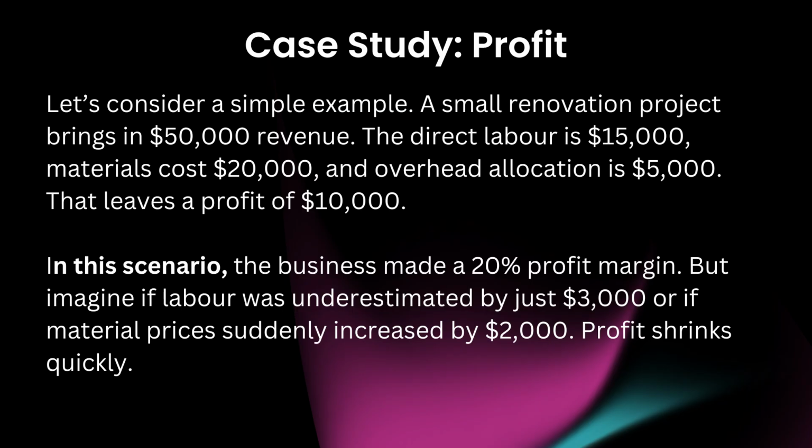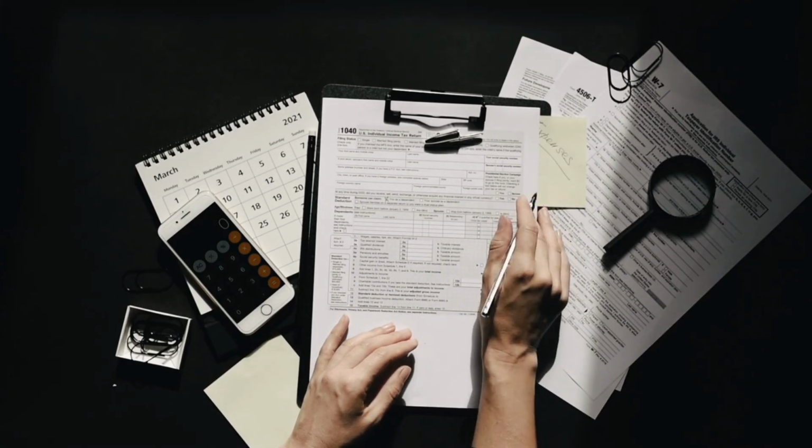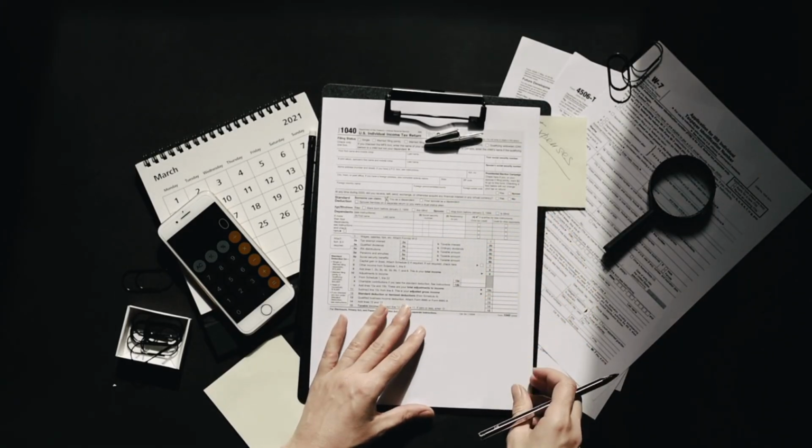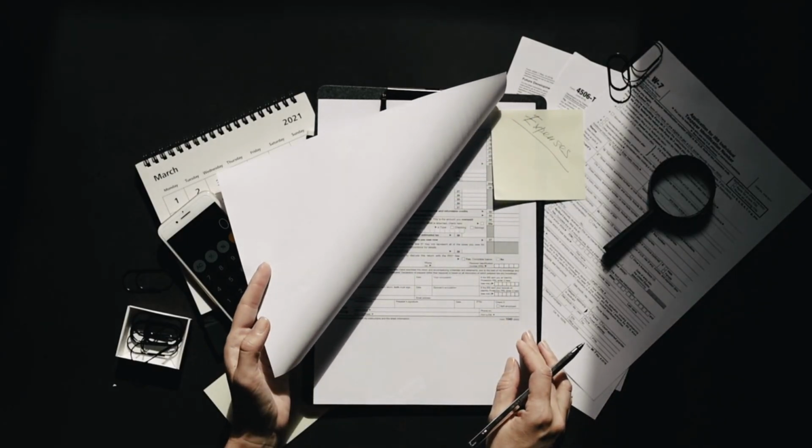In this scenario, the business made a 20% profit margin. But imagine if labour was underestimated by just $3,000, or if material prices suddenly increased by $2,000. Profit shrinks quickly. This example reminds us that accurate forecasting, ongoing monitoring, and disciplined cost control are essential for maintaining profitability.